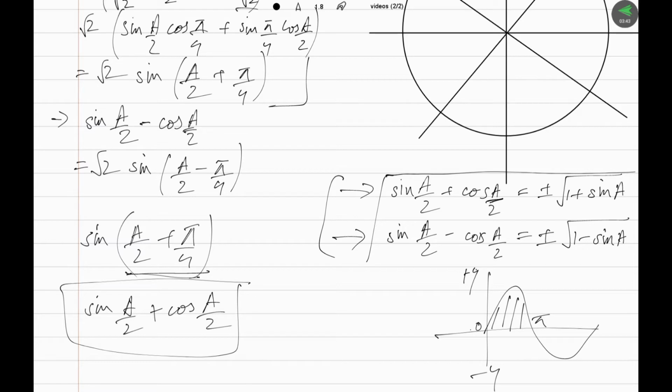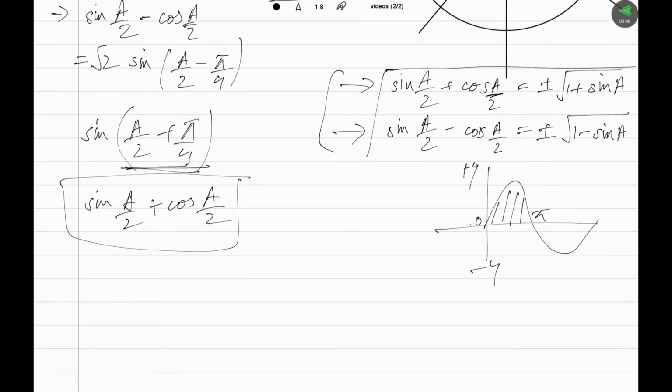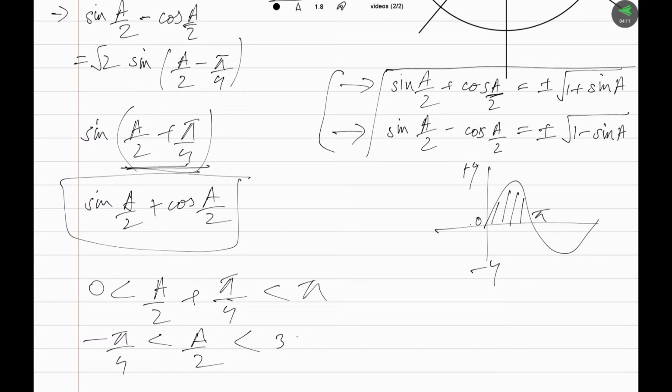So this whole lies in 0 to pi, which means 0 is less than A over 2 plus pi over 4, which is less than pi. Rearranging it, we get minus pi over 4 less than A over 2 less than 3 pi over 4.